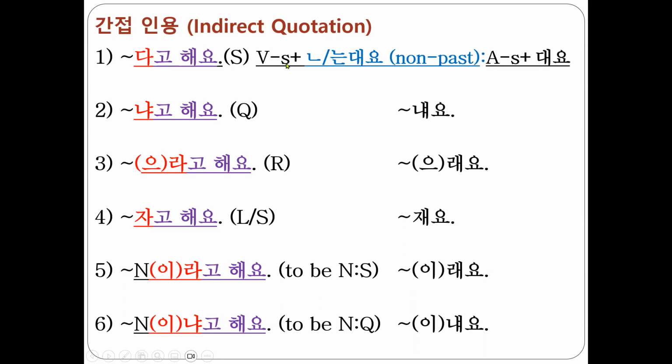In case of verb, stem plus ㄴ대요 or 는대요. In case of question, 냬요, and 으래요, 재요, 이래요, 이냬요. Very simple, right? And then I'm gonna provide examples one by one.